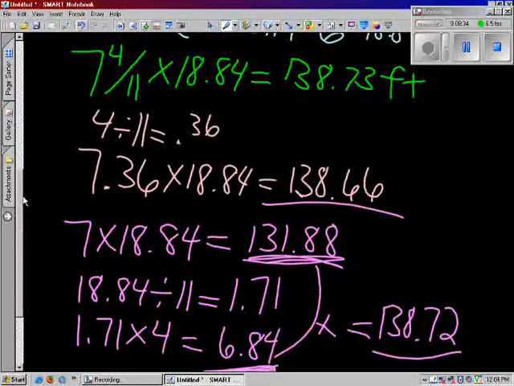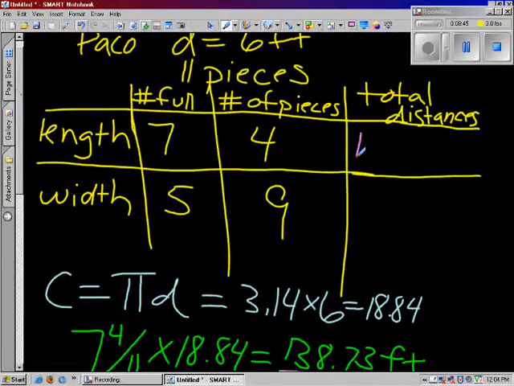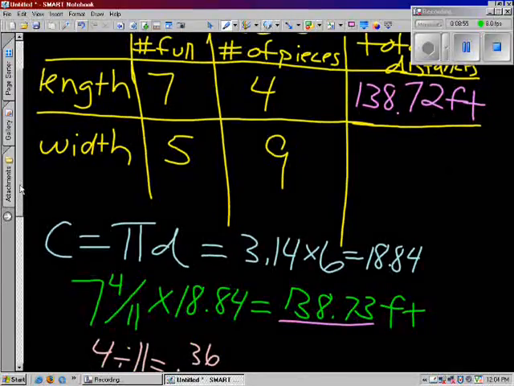Where's that third one? There it is. Okay, all 3 of these are so extremely close to each other, I will take any of these 3 answers. So, up here for total distance, you can use any of these you want, but that would work. Alright? Now, personally, I like the fraction way just because it seems easier to me, but that's just me.